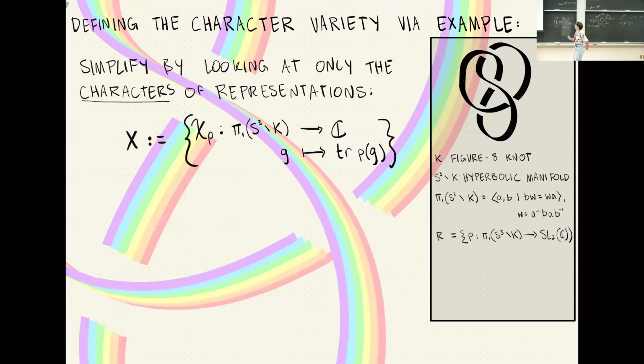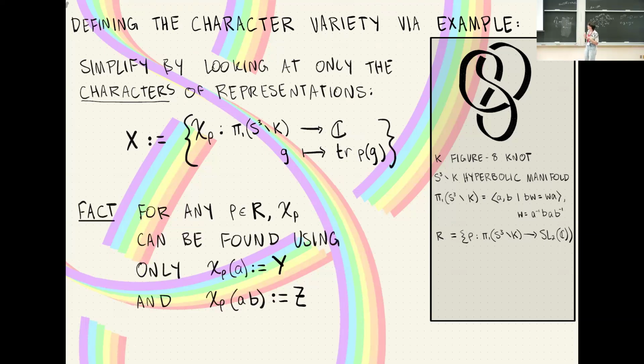That's good. So we looked at this set of representations, and we can see that it is a variety. But I want to simplify that by, instead of looking at all of the representations, looking at the characters of the representations. So I'm going to look at this set that only considers the trace of the matrices that I get from my representations.